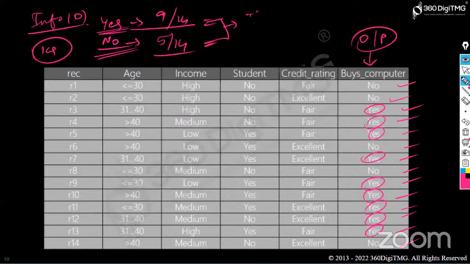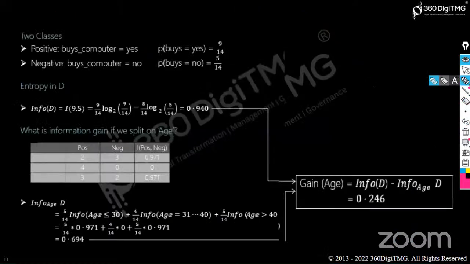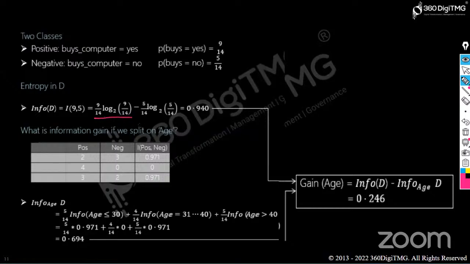So the information of overall is given by minus summation i equals 1 to m, pi log of pi to the base 2. So we write this as minus 9 by 14 log of 9 by 14 minus 5 by 14 log of 5 by 14, and you'll be getting 0.940. This is an important number, which is the information of the data set.